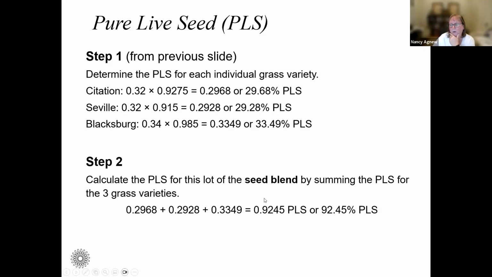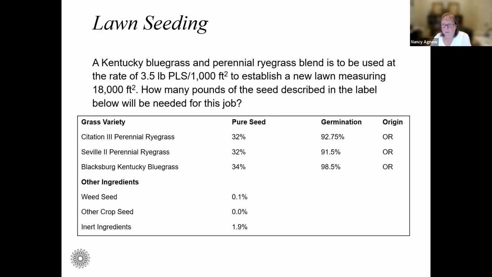So we have a total of 0.9245 pure live seed, or 92.45% pure live seed. So it's a little more complicated calculation.